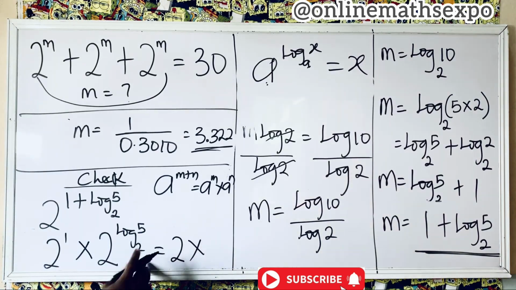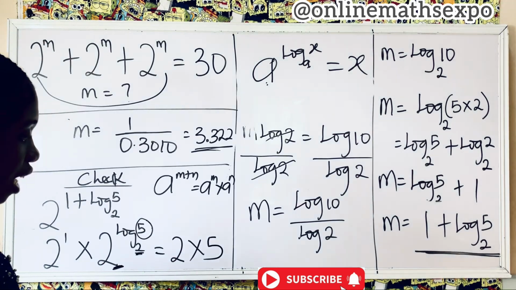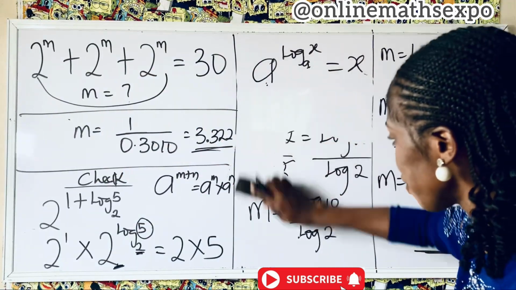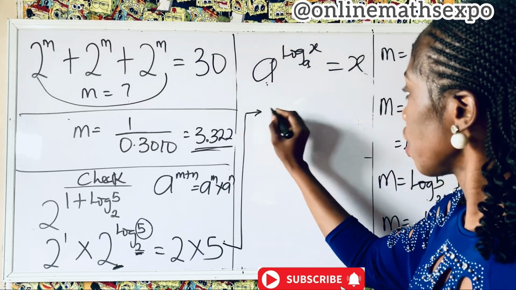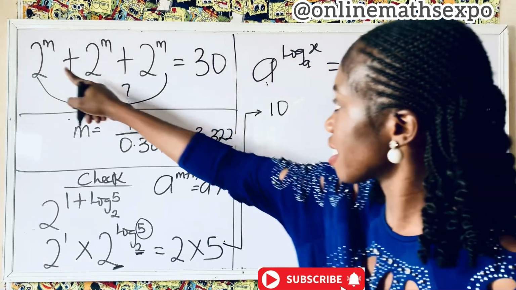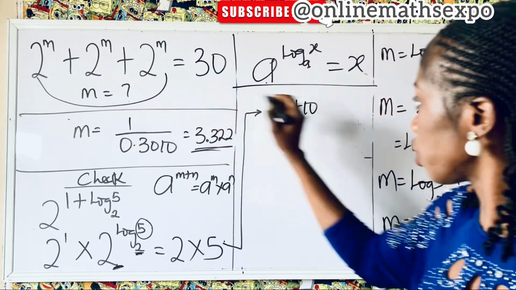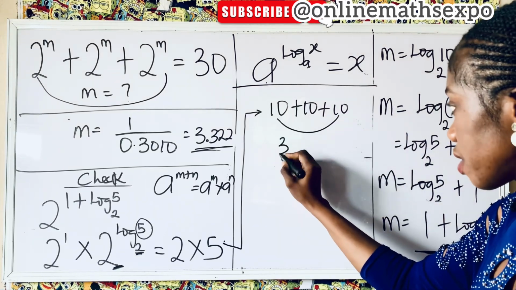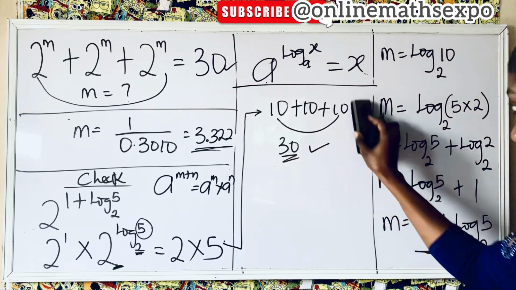So if you apply it here, this will be 5, and 2 multiplied by 5 will give us 10. So this is 10, automatically the next one will be 10, and the last one will still be 10. And if you add these three, it will give you 30, which is this answer here. So you see that our answer is very correct.